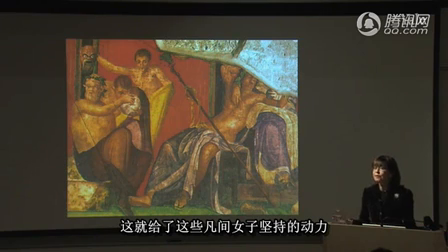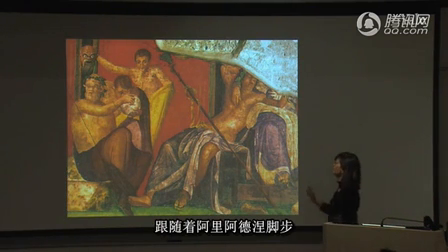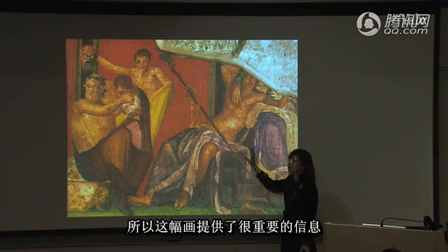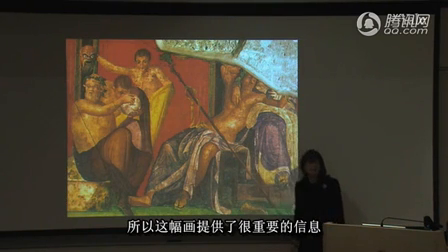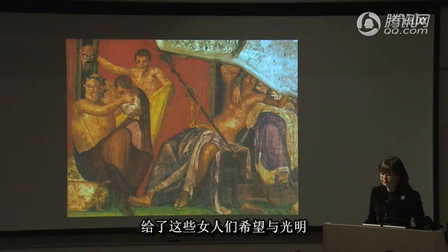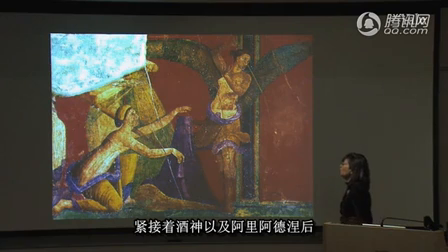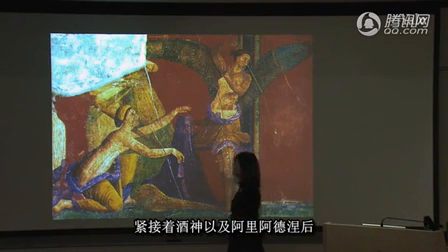This gave them hope that if another mortal woman was allowed to enter into a relationship with Dionysus, then they too would be able to follow in Ariadne's footsteps. And so this is a very important message, I think, of hope to those women who are hoping to become initiates of this particular cult.